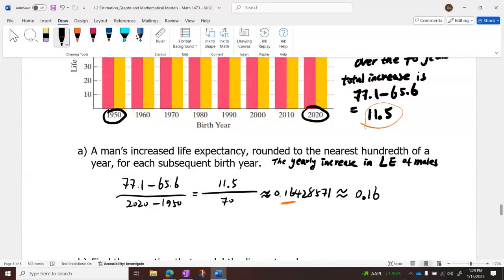That means from 1950 to 2020, over the 70 years, the average yearly increase in the life expectancy of males is 0.16 year. Not very clear about what 0.16 year is, right? So let me multiply 0.16 by 12 months. That is 1.92 months, so shy of 2 months. So over the 70 years, averagely speaking, every... hold on.